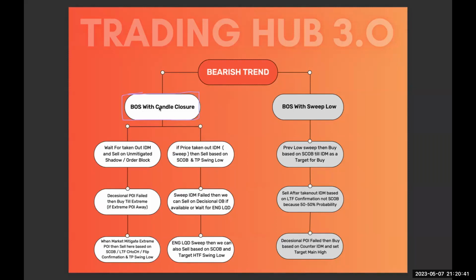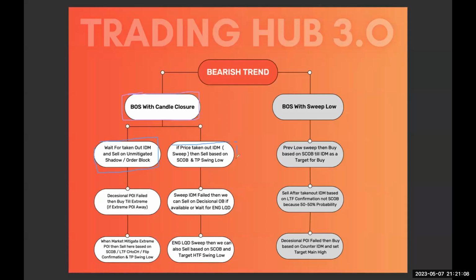If candle closure, then you have to wait for two scenarios. First one, taken out the inducement with the candle closure, mitigate your order block, and the second one is a sweep of your inducement, right? So here, taken out the inducement and sell on the unmitigated order block, shadow, everything, right? Then you can sell based on chalk and flip, all entry modules also.